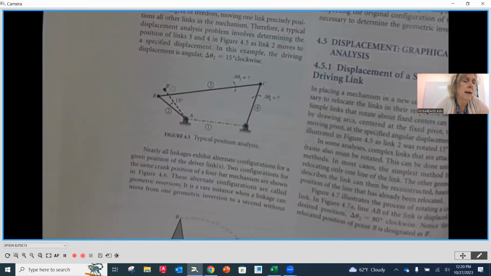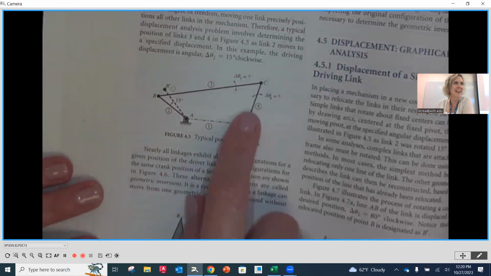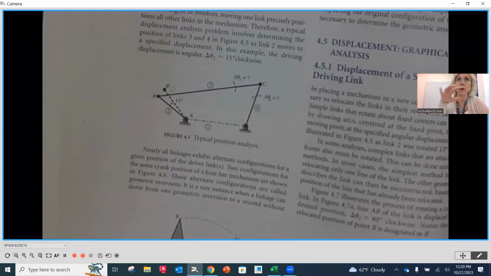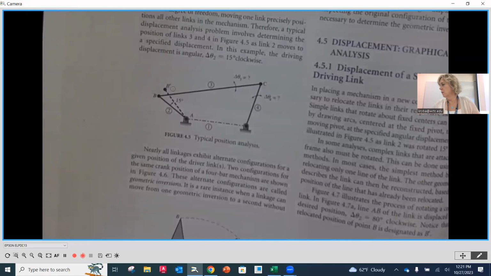How much did they displace as that driver moved 15 degrees? Probably not 15 degrees, unless this is the same length. But it's not. So what we're going to do is physically move them. A graphical solution would be drawing this up in CAD, moving your driver, and adding the other ones back in and seeing where they're positioned now. So that's how we're going to be using CAD in these cases.